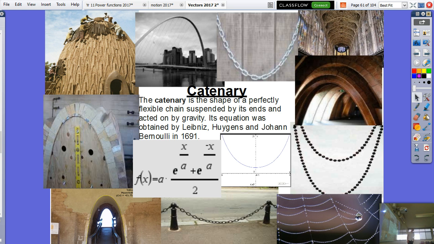So the occurrence of that curve is different to the parabola. The situation of the parabola is motion under the force of gravity, such as a projectile like kicking a ball through the air, where the only force acting on it is the force due to gravity pulling it down, then that experiences a parabolic path.